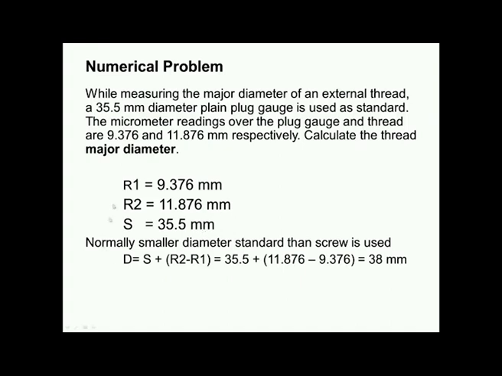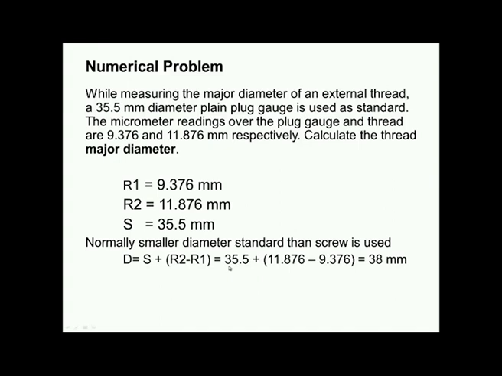Now, in a measurement process of this type, normally a smaller diameter standard is used, that is, the diameter of the standard is smaller than the major diameter of the screw. So, in that case we use this relationship: D is equal to S plus R2 minus R1.